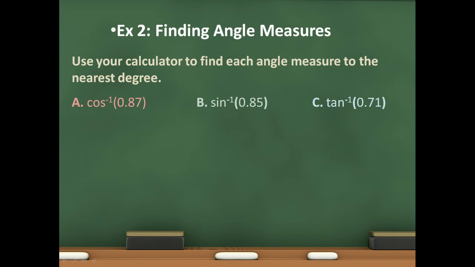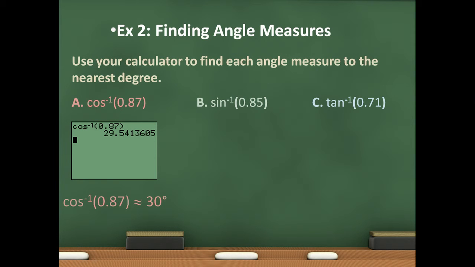Using your calculator to find each angle measure to the nearest degree, we want the inverse cosine of 0.87. So we put it in, and our calculator says 29.5413605. We can round that.